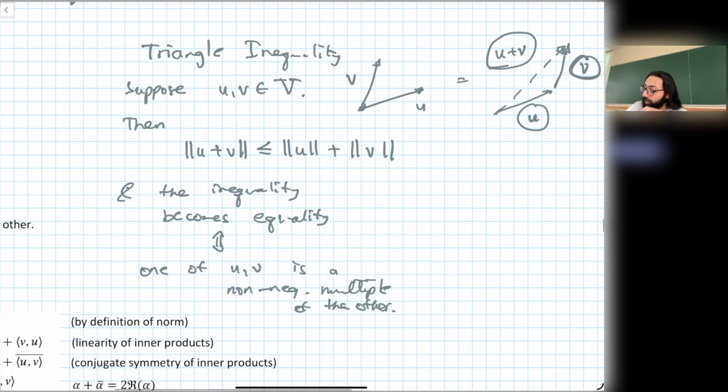For equality to happen, both of them have to essentially point in the same direction. Then the norm of u plus v is the same as the norm of u plus the norm of v.